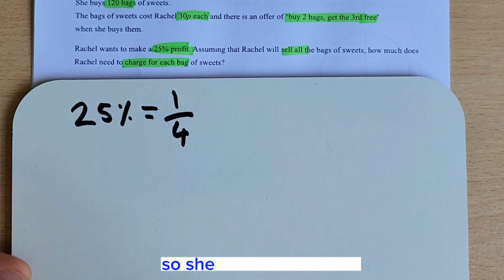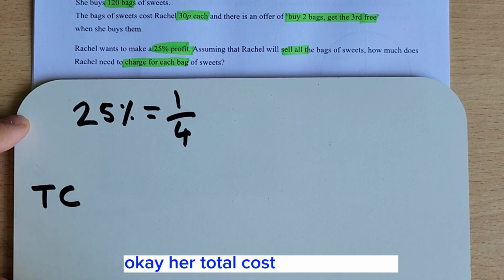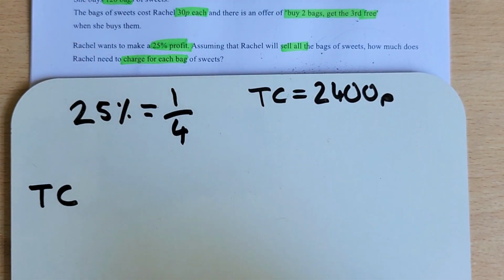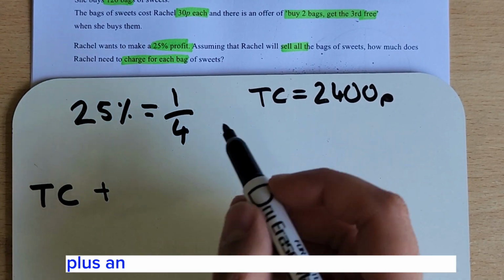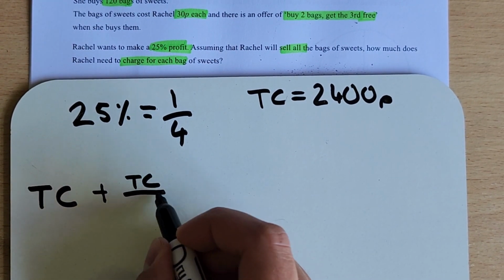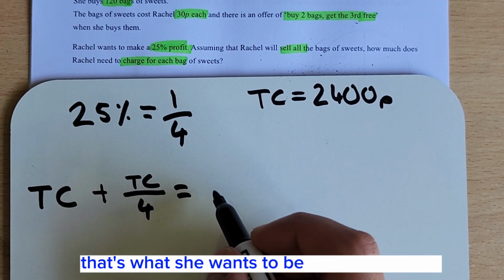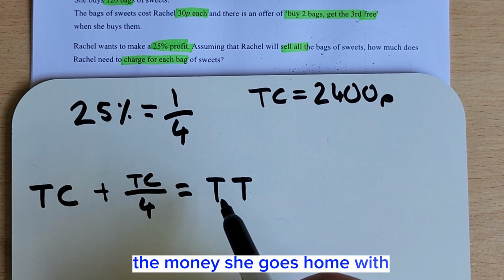So she has her total cost. Okay, her total cost is 2,400 pence. So she wants that total cost plus an extra quarter of what that total cost was. That's what she wants to be her total takings, the money she goes home with, okay?